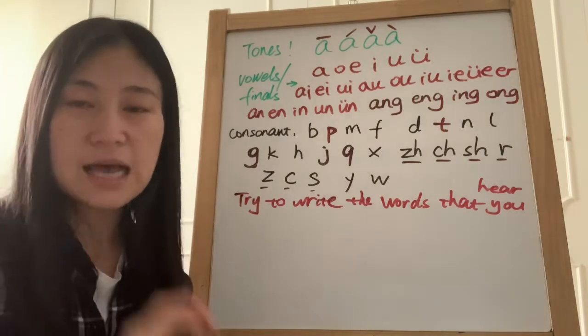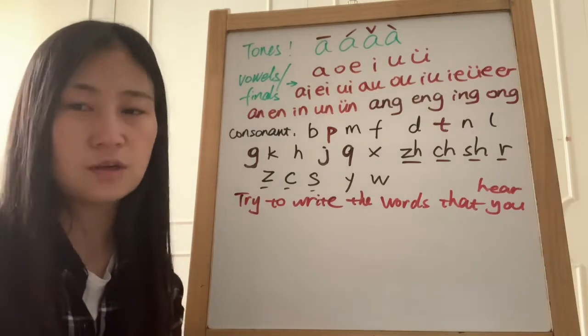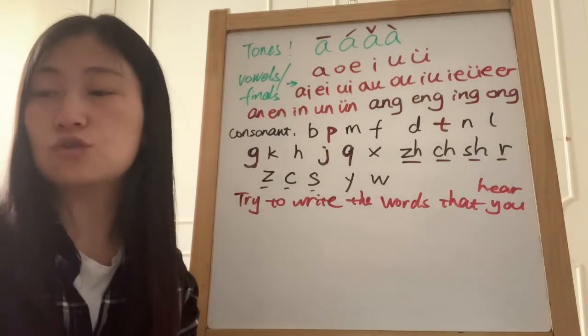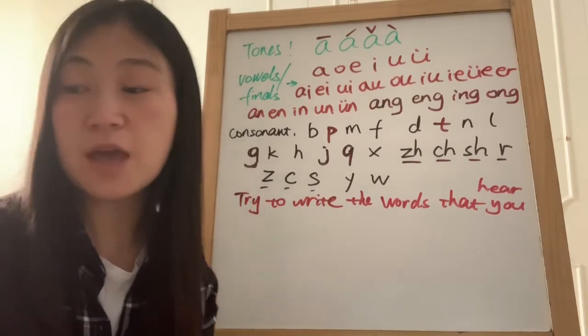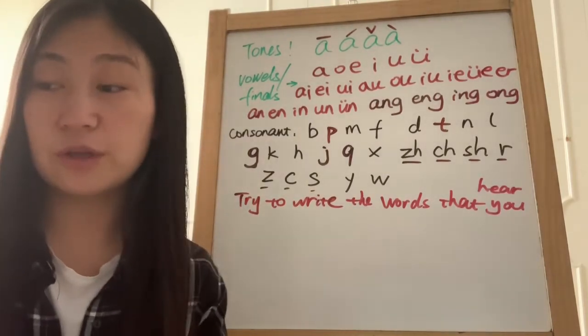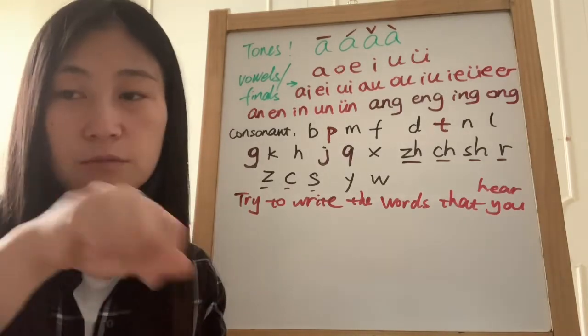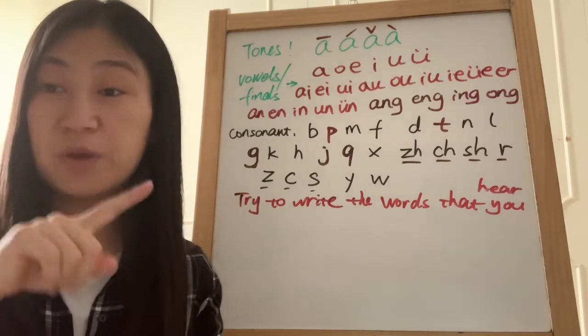Of course, as always I say, if you have a notebook for Chinese, even better. Now I am going to read the words that I have prepared for you, and I am going to read each one 3 times. So you are going to write them down in the form of pinyin.